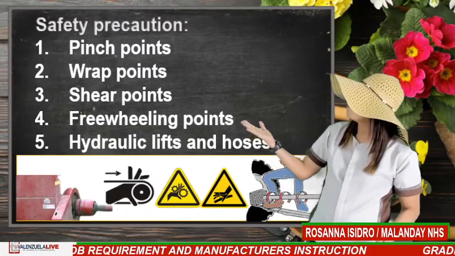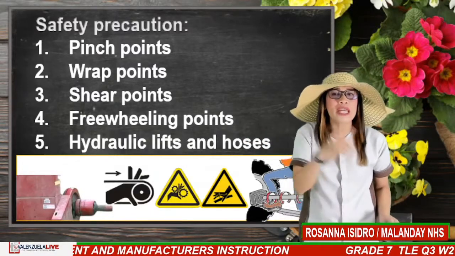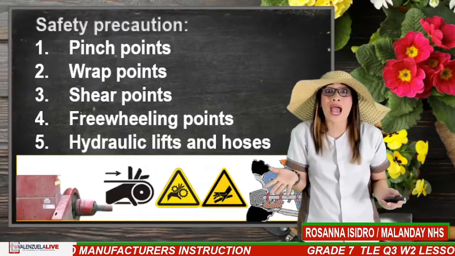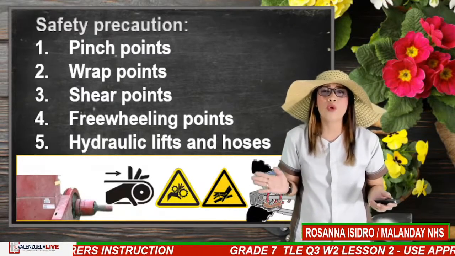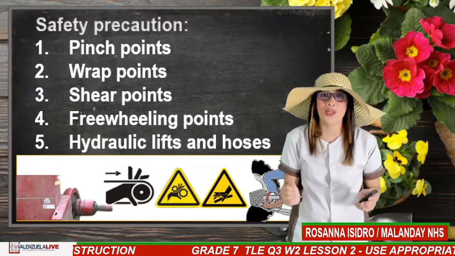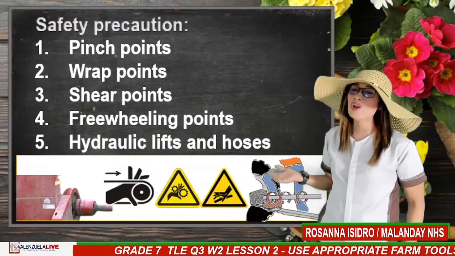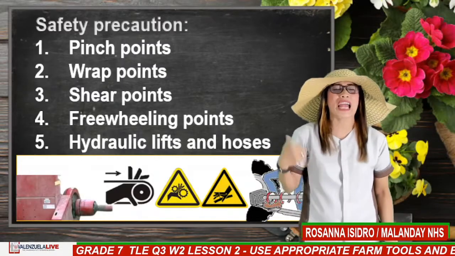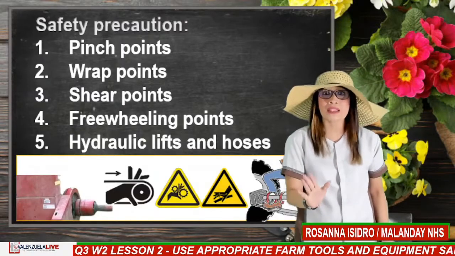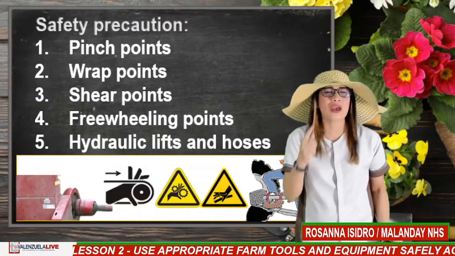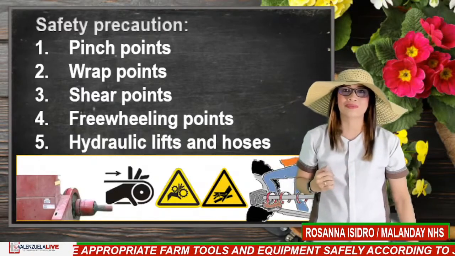Number 4, free-wheeling points. Never touch a free-wheeling part while it is moving, even if it is moving very slowly. Last, hydraulic lifts and hoses. Leaky hydraulic hoses can emit toxic fluids that can burn your eyes and skin.